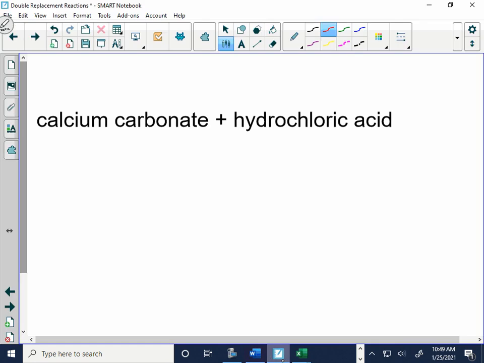Now, let's go back here and look. Calcium carbonate. Calcium's a 2+, carbonate's a 2-. Hydrochloric acid. Here are my acid rules. Now, the way I think of these, folks, is I still swap my cations.